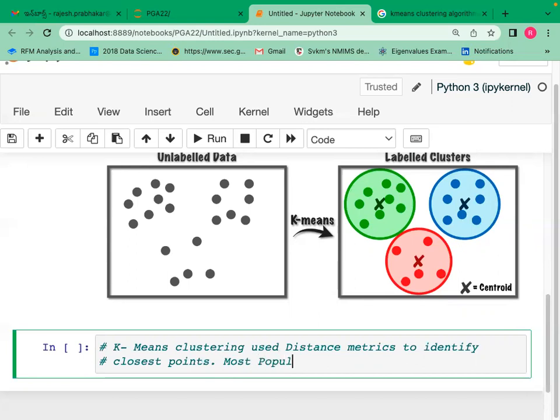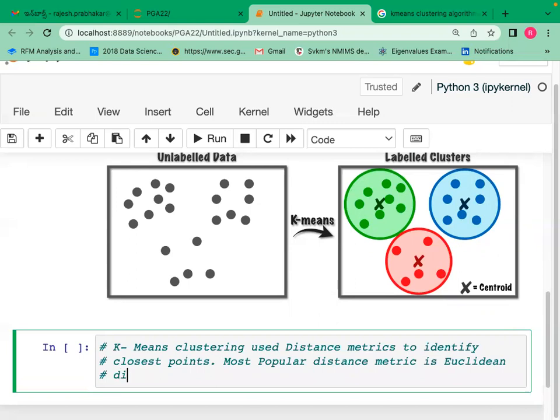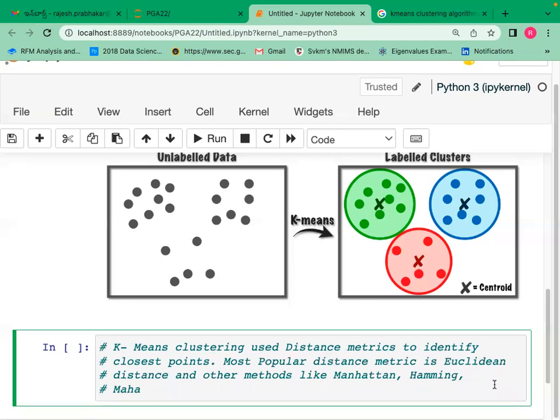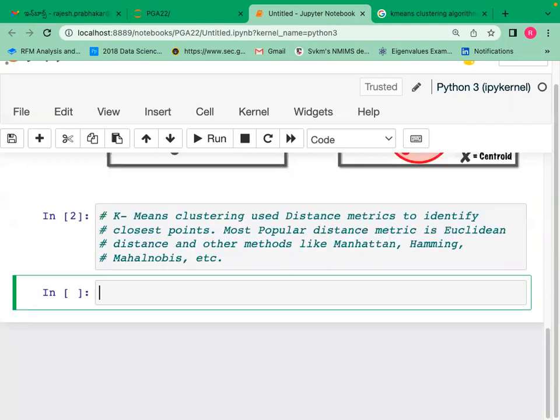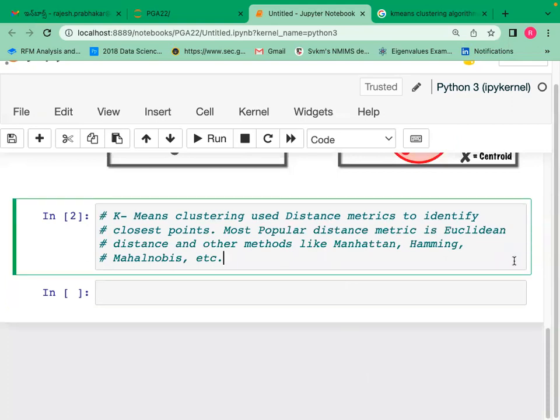The most popular distance metric is Euclidean distance, and other methods like Manhattan, Hamming, Mahalanobis, etc. So the clustering is based on distance.